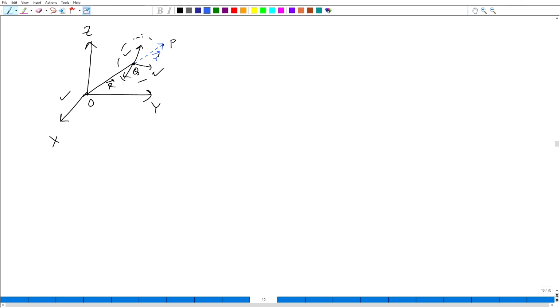And we want to actually find the second order derivative of this small r vector with respect to time. Okay. That will give us the acceleration of P with respect to this non-inertial frame of reference. Okay. I can draw a third side to complete the triangle. Okay. So, I can actually make the triangle a little bit better.